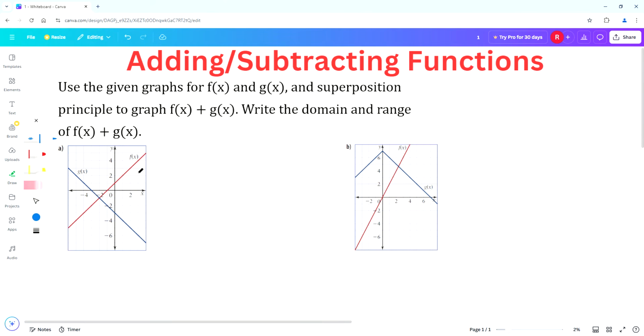Since we are given the graphs of functions f(x) and g(x), we can prepare a table of values to find f(x) + g(x). We can use 5 x values from the given graph.